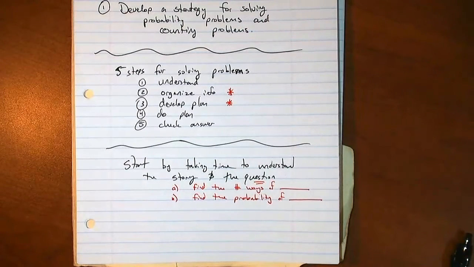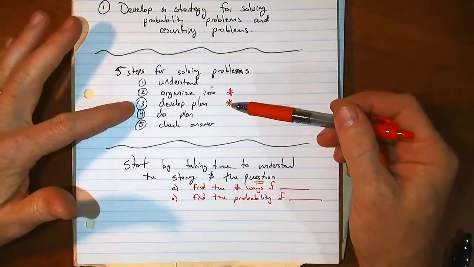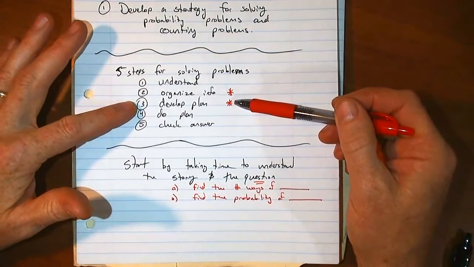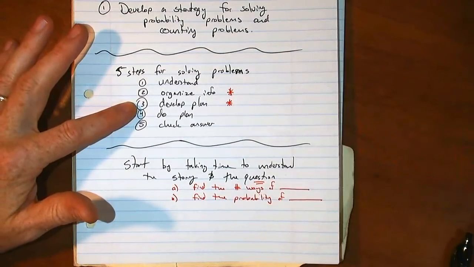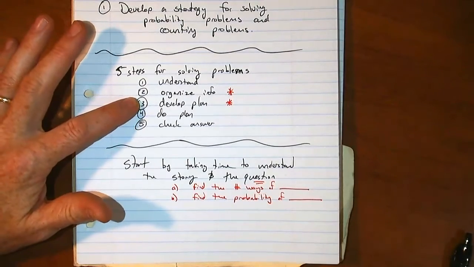Okay, now I'm going to jump ahead just a little bit to part of the plan for just a second. I know that's getting ahead. The plan isn't until step 3.